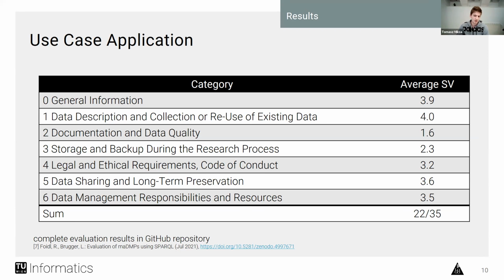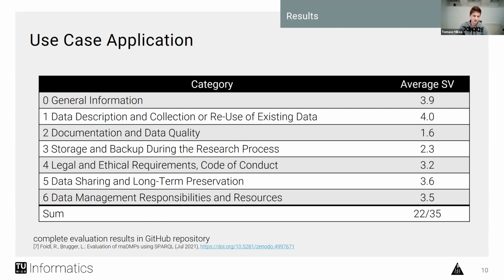So we took the maDMPs, calculated the average satisfaction value of each DMP in each category and summed them up. As you can see, there are 7 categories and the maximum satisfaction value is 5, so the best outcome we could have hoped for would be 35 in total.